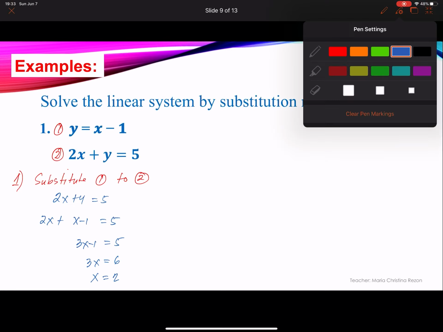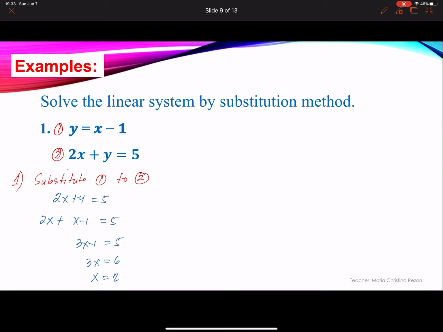Then you now have the value of your first variable, x, which is equal to 2. The next thing that you are going to do is substitute x is equal to 2 to equation 1.